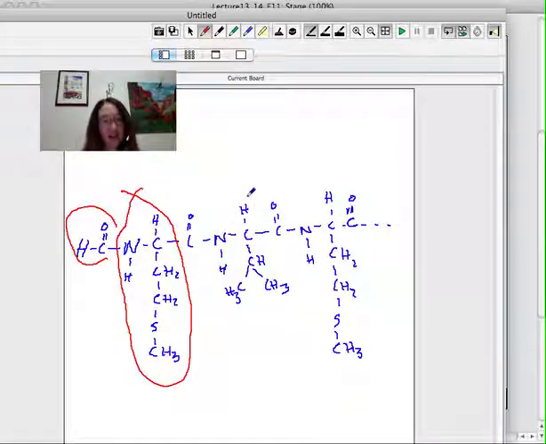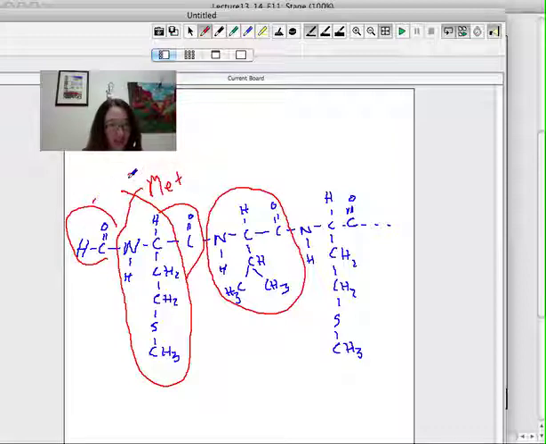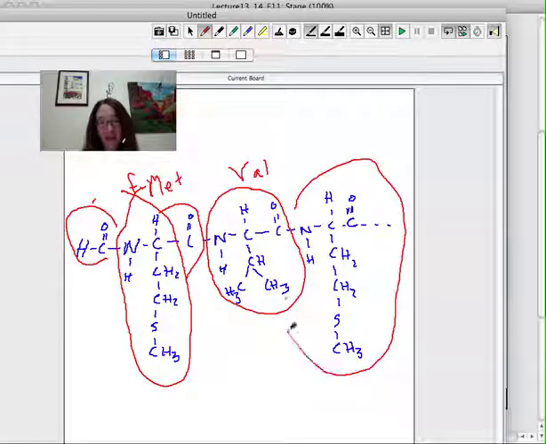Then our next amino acid is valine. I should have probably circled that as part of methionine, right? Its carboxyl group. There's valine, so there's methionine, and we know it's formylated methionine, so it's fMet. Then there's valine, that nice hydrophobic amino acid, and then we have another methionine.